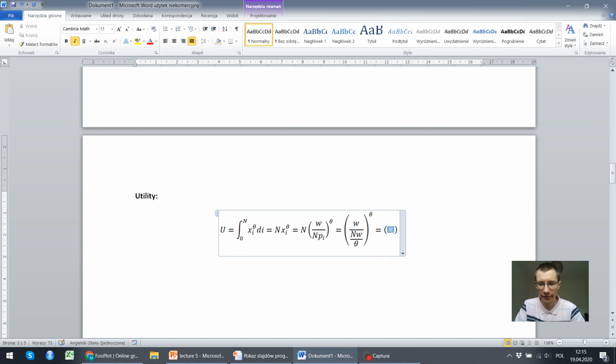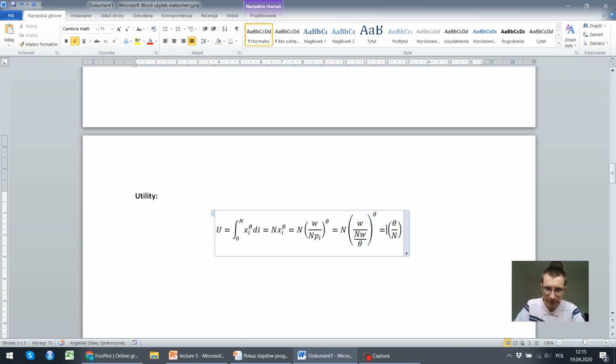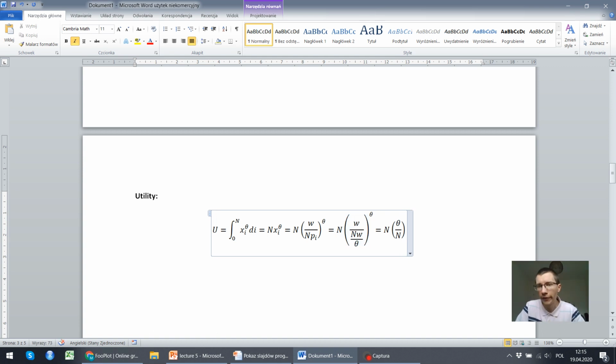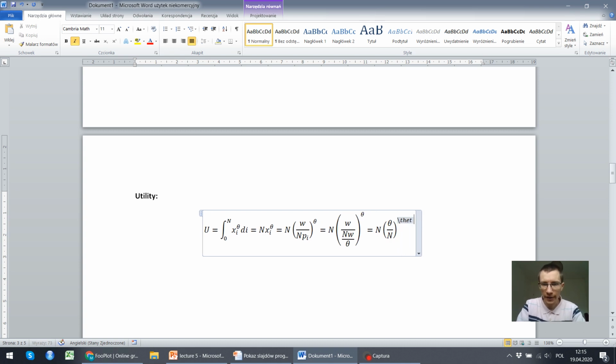So we are left with an equation where theta is in the numerator and n is in the denominator. Don't forget about the capital N here in the beginning, because we have the sum over all the varieties. And here we still have the power, which is theta.